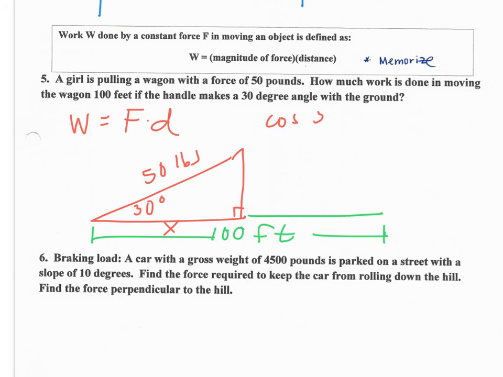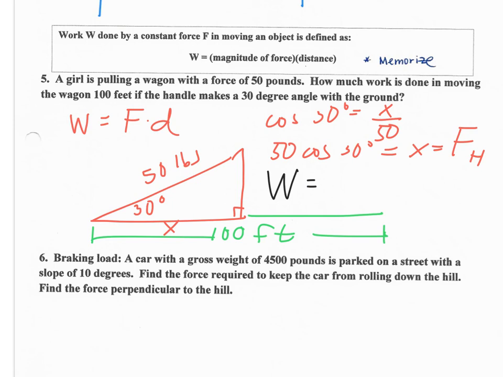Cosine 30 is x over 50. So 50 cosine 30 is your x, or your horizontal force, your force horizontal, however you want to write it, okay? Now, if the problem says find me work, and we say work is force times distance, well, the horizontal force is 50 cosine 30, and the distance I want to move it is 100 feet.